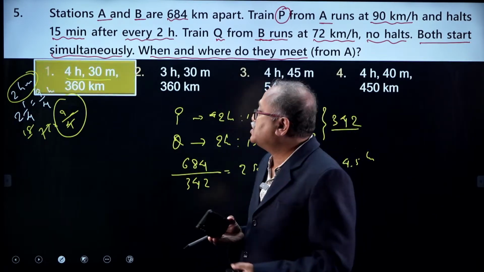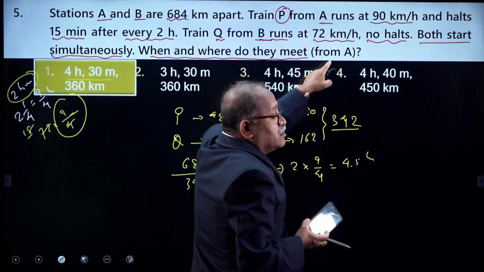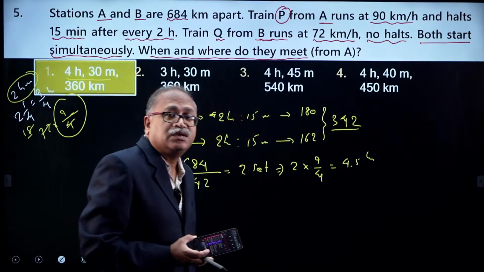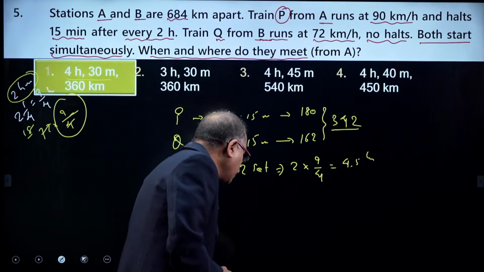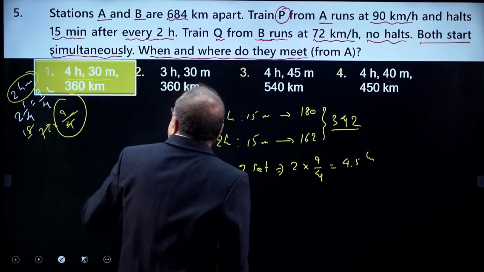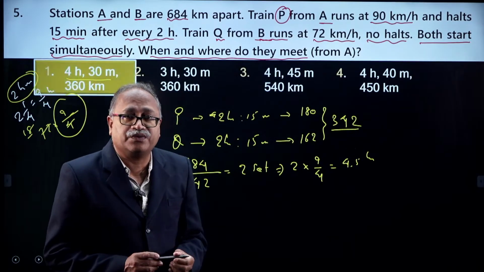So I don't need to check the other part, that from A, after how much distance will they meet. I don't need to find it out because among the options given here, with 4 hours 30 minutes, I only have one option.